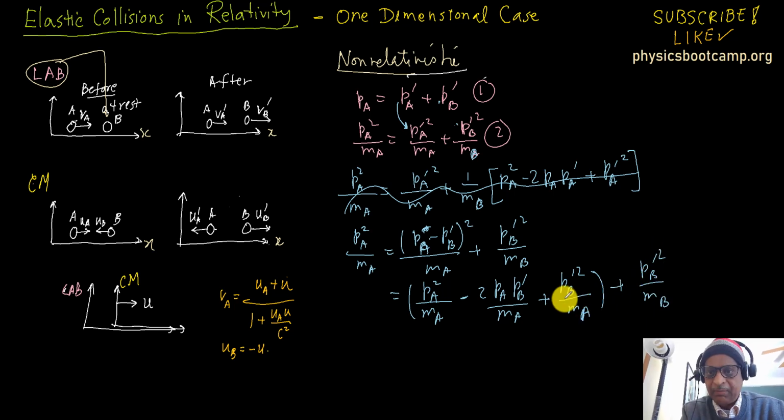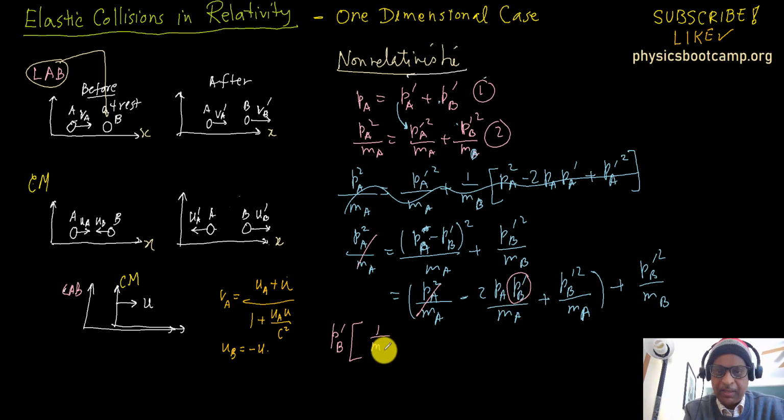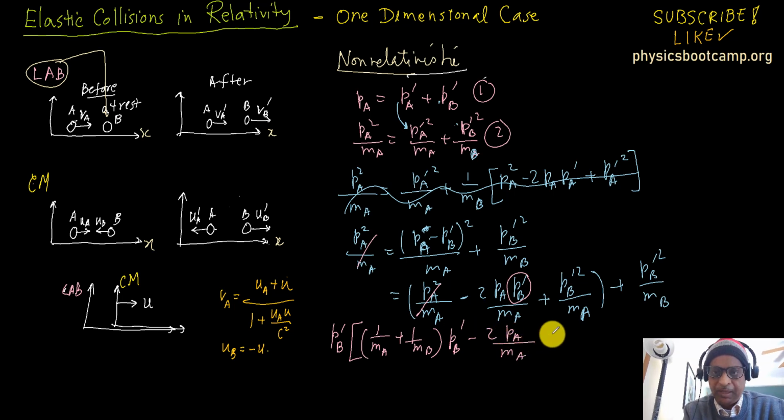So these will combine and this will cancel, and PB prime is common between all of these. So this is 1 over MA plus 1 over MB times PB prime, minus 2 times PA over MA. And this whole thing has to be equal to 0.